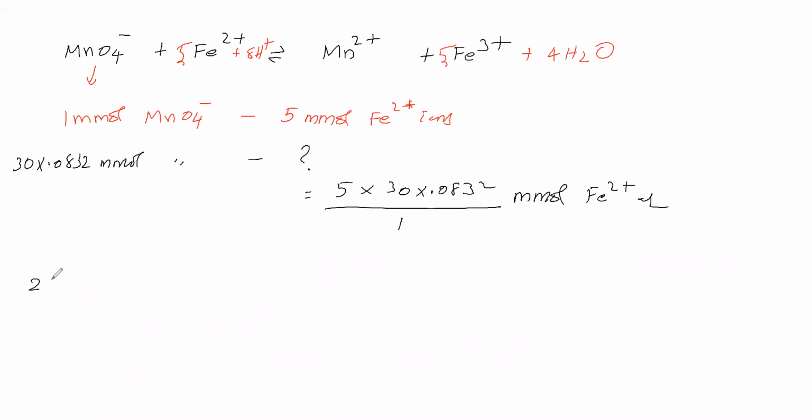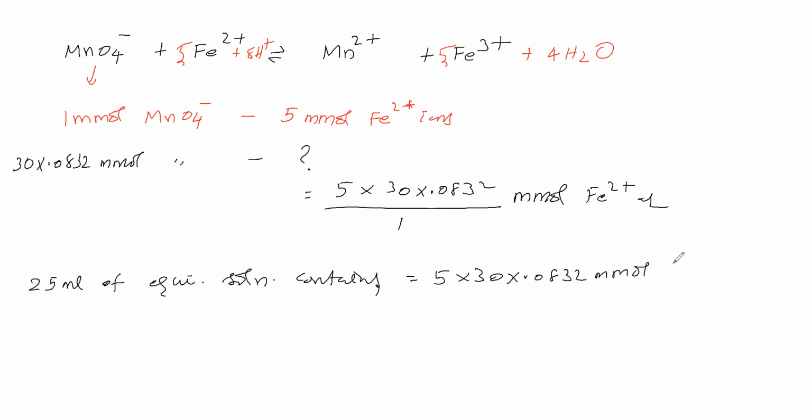So we said 25 ml of equilibrium solution contains 5 into 30 into 0.0832 millimoles of Fe2 plus ions. So we got how much Fe2 plus is present in that equilibrium solution.